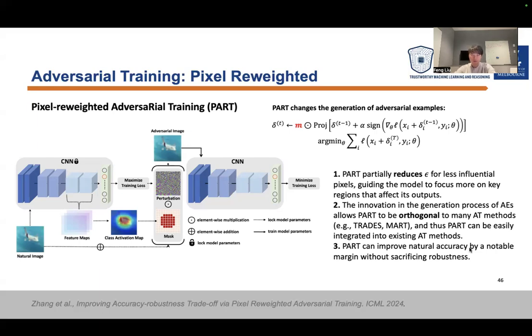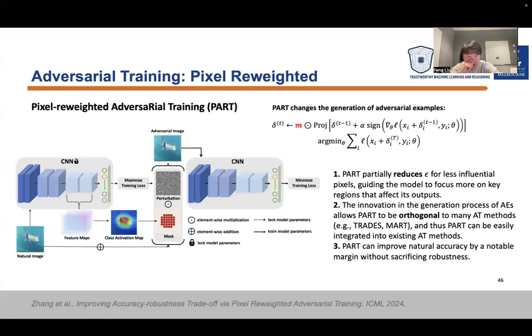We can look at that here. After some warm-up, we get the feature map and then the class activation map. Based on this map, we generate a mask. For the important area, the perturbation budget will be set to the original one, for example 8 over 255, and for the remaining part we set it to 7 over 255.